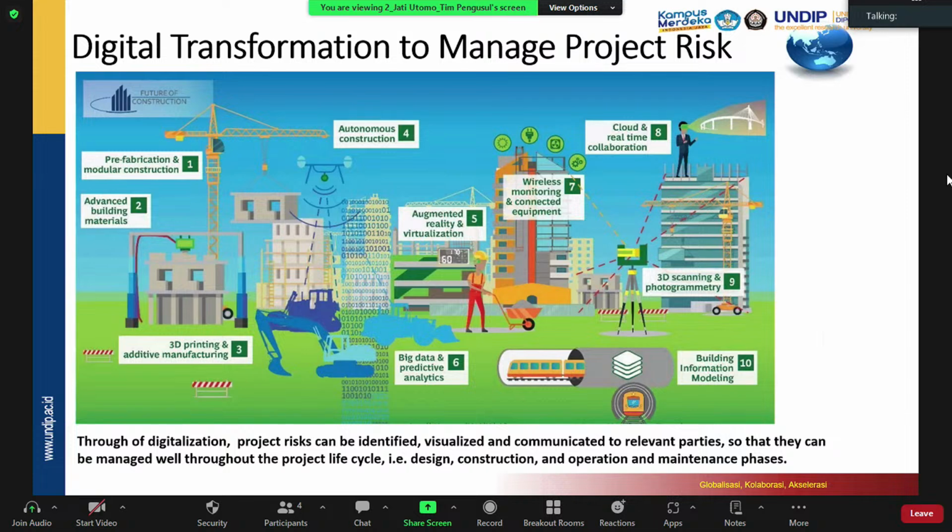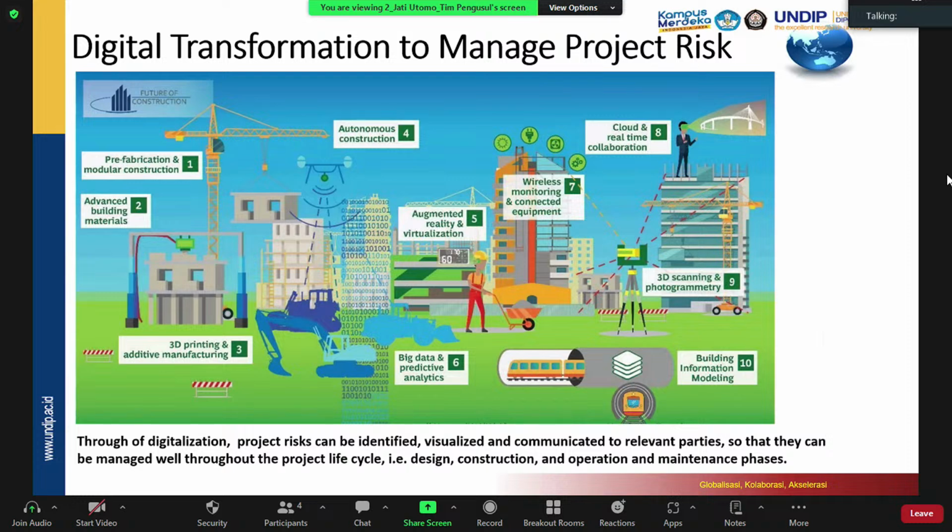Number three is 3D printing and additive manufacturing. Number four is autonomous construction. Number five is augmented reality and virtualization. Number six is the use of big data and predictive analytics. Number seven is wireless monitoring and connected equipment. Number eight is cloud and real-time collaboration. Number nine is 3D scanning and photogrammetry. And number 10 is building information modeling, or BIM.